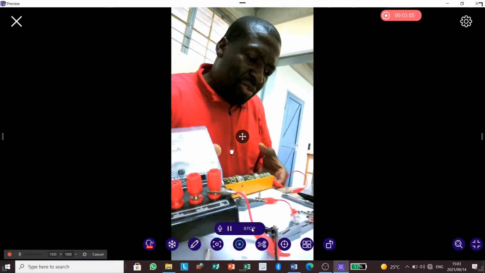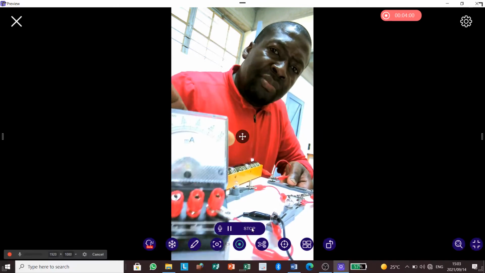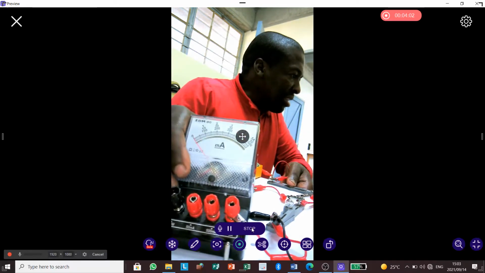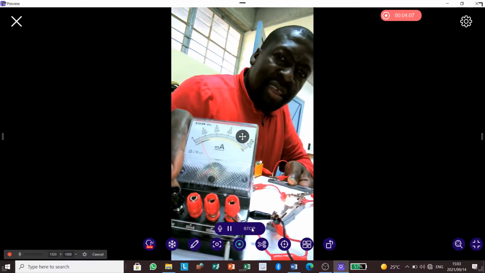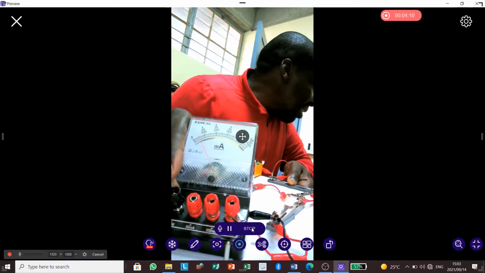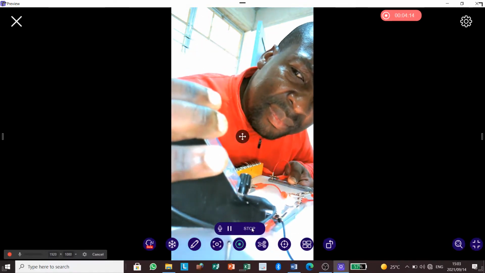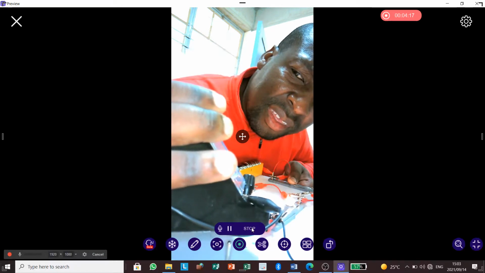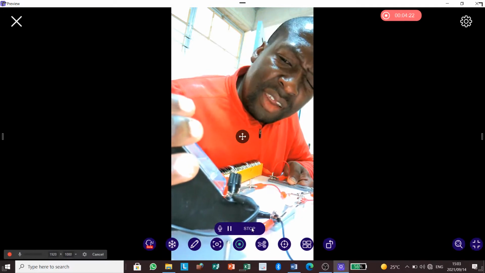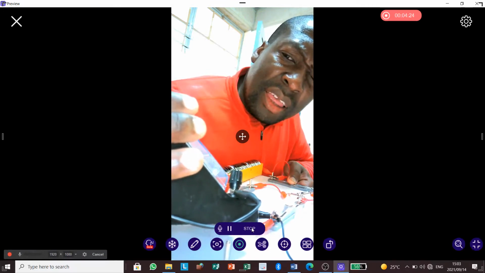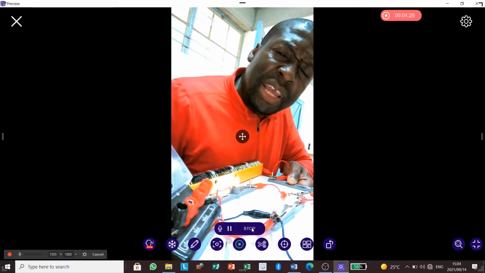So we normally say you must start with the higher scale and see what happens. Now, let's look at our ammeter there. Yes, close to 450 milliamperes.